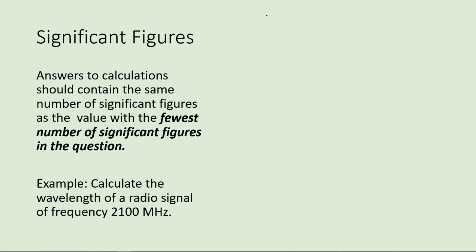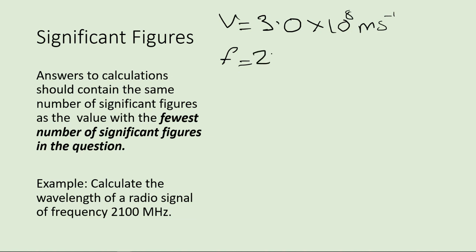Don't worry if you don't know the formula, we'll cover that when we get there, but what we need to know is that the speed, we get that from the data book, is 3.0 times 10 to the 8 meters per second. Our frequency is 2100 megahertz. So mega was times 10 to the 6 hertz. Our wavelength is just the speed divided by the frequency.